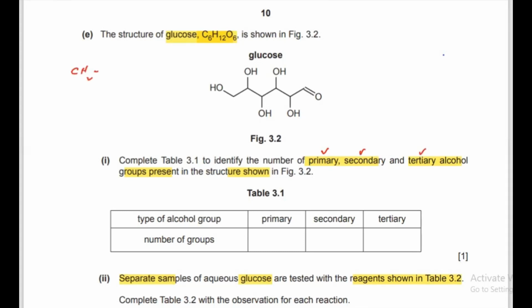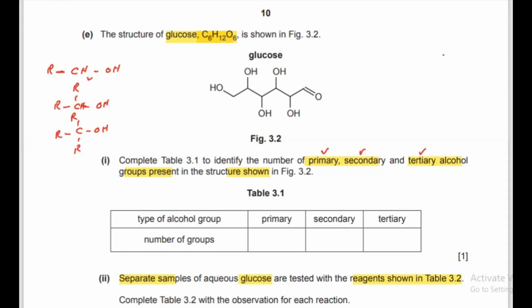Primary alcohol is like CH2OH, which has just one R group attached. The secondary alcohol is CHOH, so we have two links with carbon. And tertiary alcohol is COH, where we have 3 links with carbon or alkyl groups.